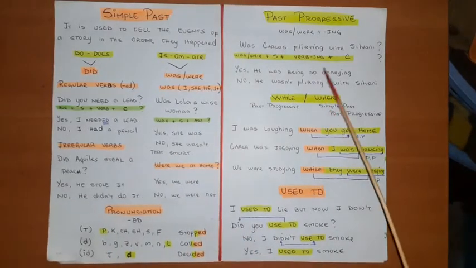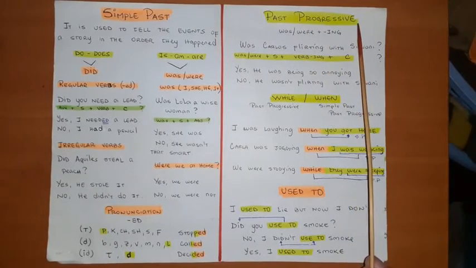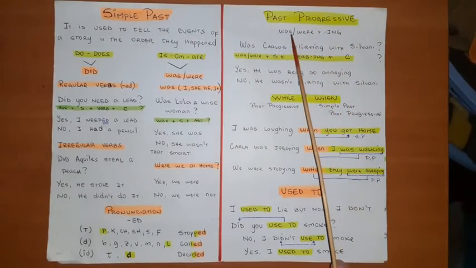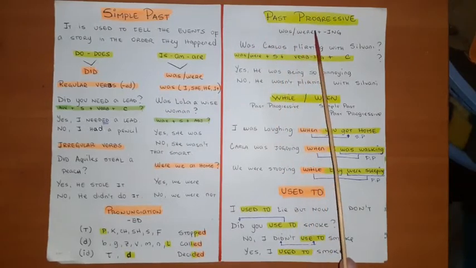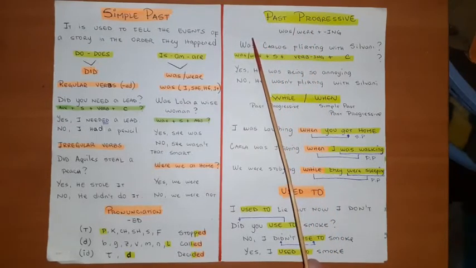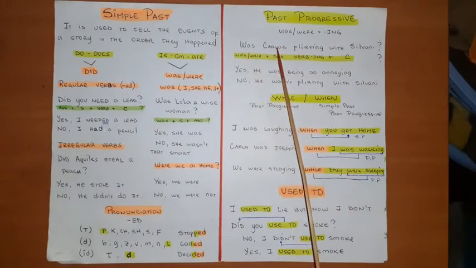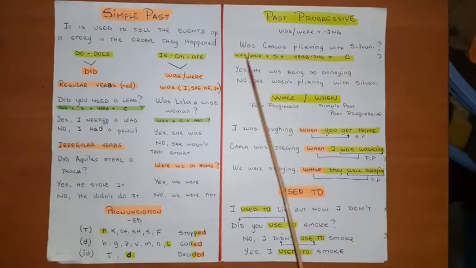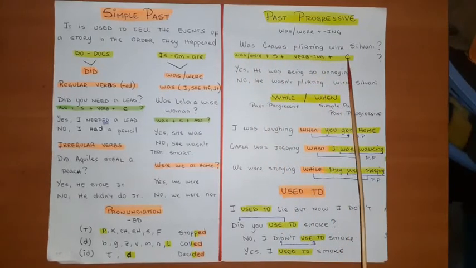Now let's talk about past progressive, guys. Remember, when you have progressive, it's because you have ing. So, the structure you have to follow is a subject, was or were, okay, depending on the subject you are using, and the ing form. So, was Carlos flirting with Silvani? Was or were, subject, verb in ing, and the complement.